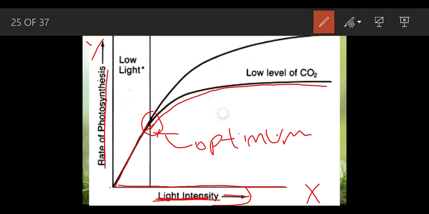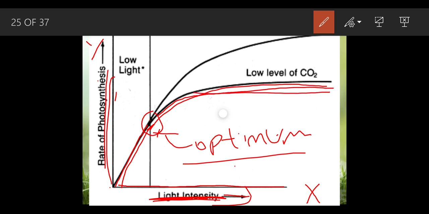So the rate of photosynthesis stops increasing at a particular point, which is called the optimum, and at a certain level it gets stabilized. Why does it get stabilized? Due to the low level of carbon dioxide in the atmosphere. If there is a low amount of carbon dioxide in the environment, the rate of photosynthesis will be slow.